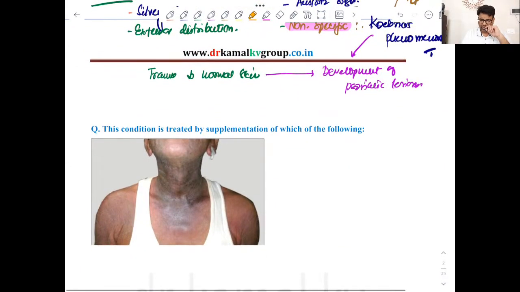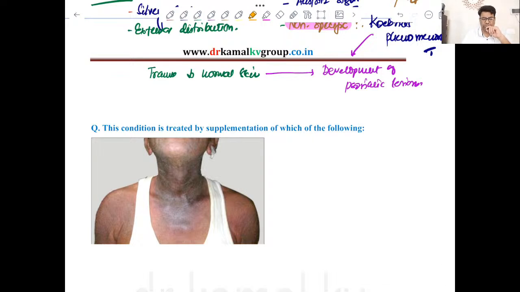Now, there is one condition shown in the image, and it is asked like supplementation. What supplementation can treat this condition? If you look here, you can see hyperpigmentation in the front of the neck and upper part of the chest.